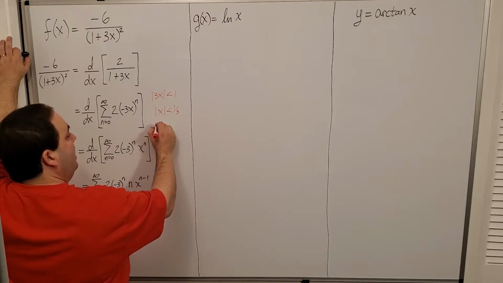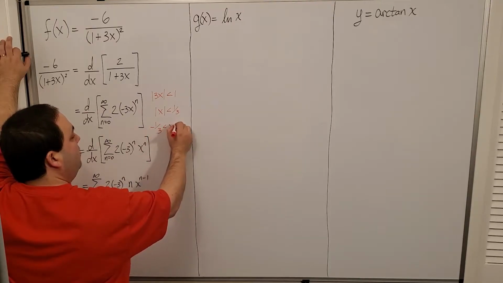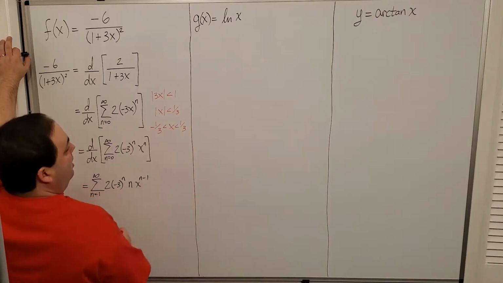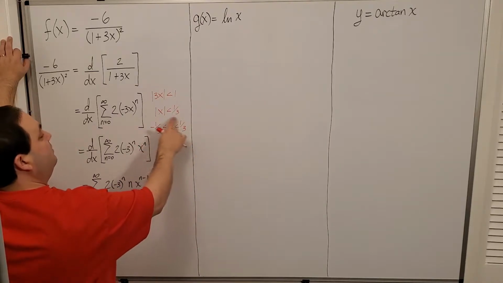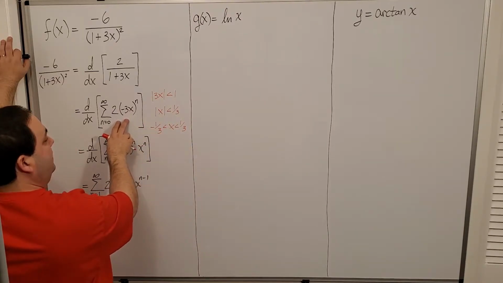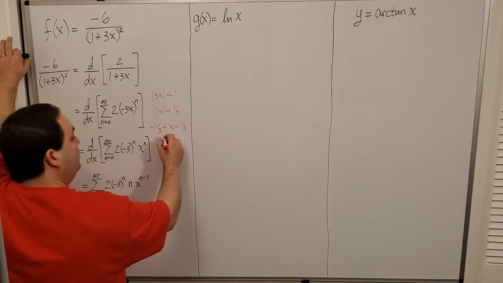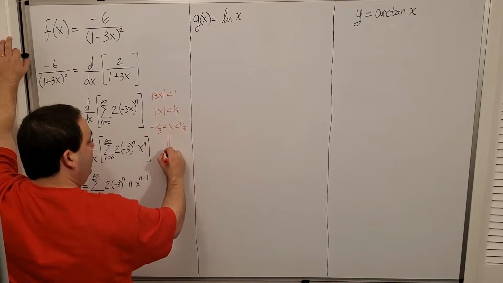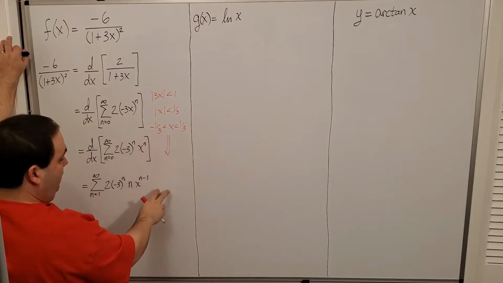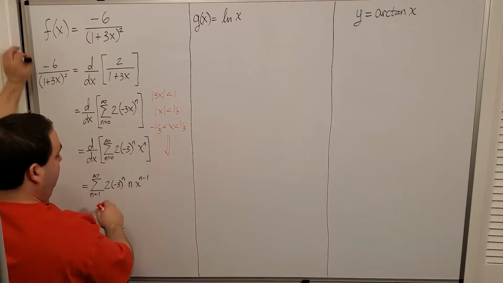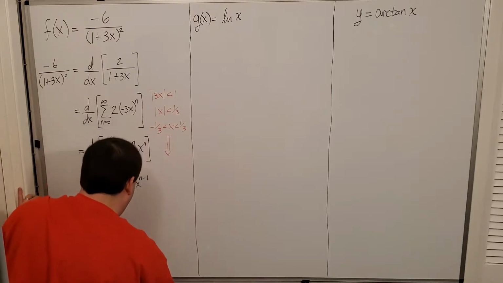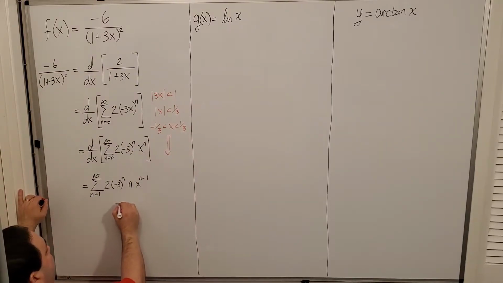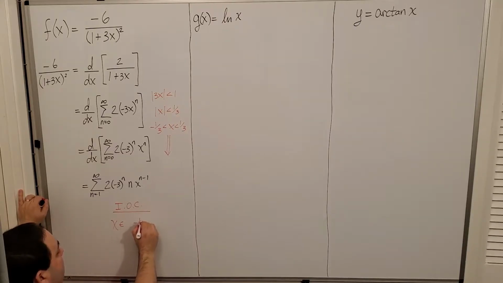So that means that x would have to be in between negative 1/3 and positive 1/3. Okay, so that's the interval of convergence for this, which means it's going to transfer to being the interval of convergence for this guy. So far on my interval of convergence, I already know that x is going to be a member of the interval from negative 1/3 to positive 1/3.